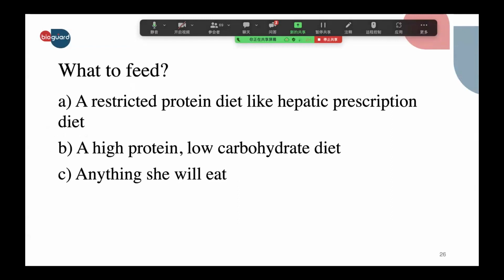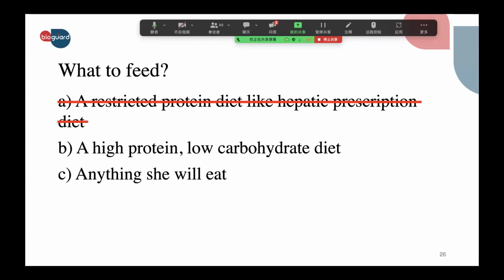Would a restricted protein diet, like a hepatic prescription diet, be okay? Or, as this is a hepatic disease animal, do we choose a high protein, low carbohydrate diet, or anything she wants to eat? Generally, I would say we cannot give a hepatic prescription diet, because this kind of diet is commonly low in protein.